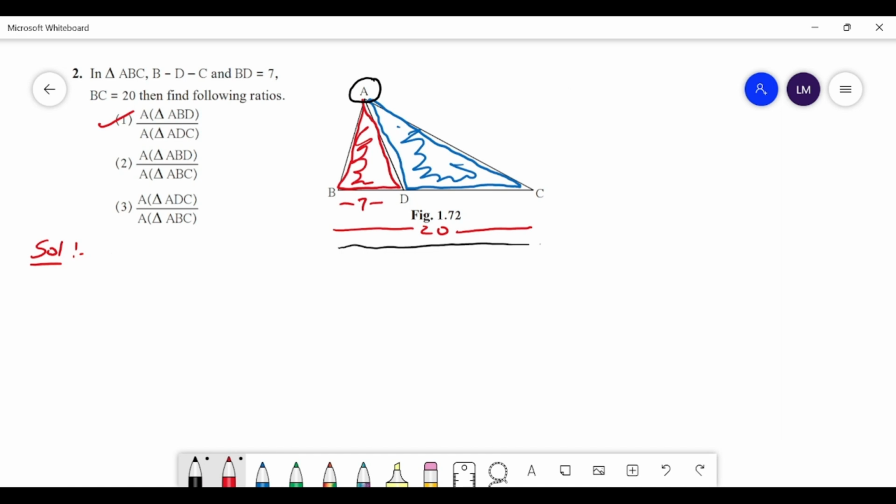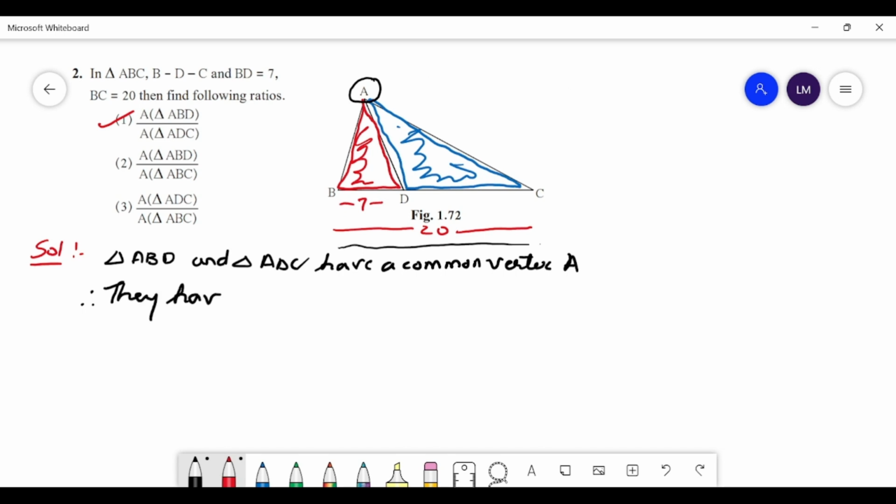Right, now here in this figure, triangle ABD and triangle ADC have a common vertex A. Therefore, they have equal heights.